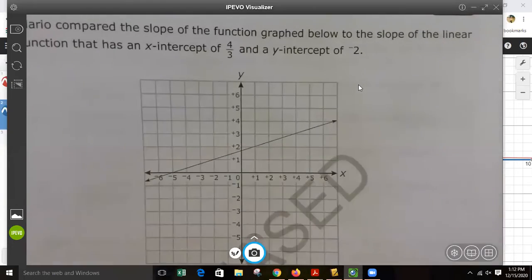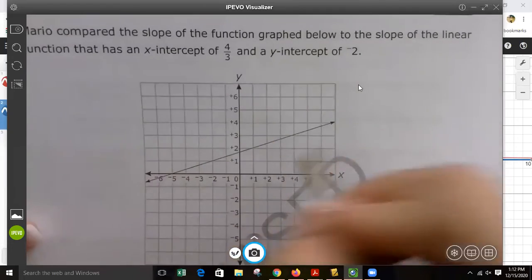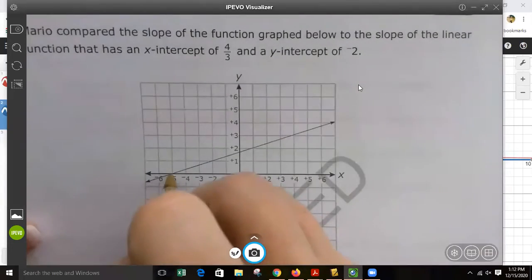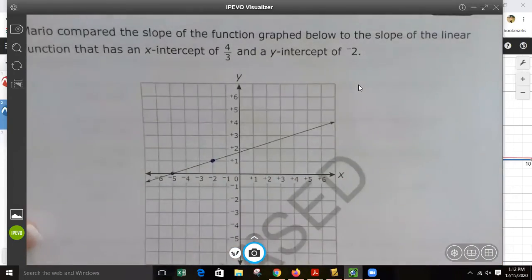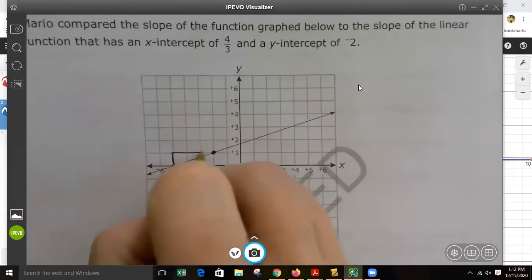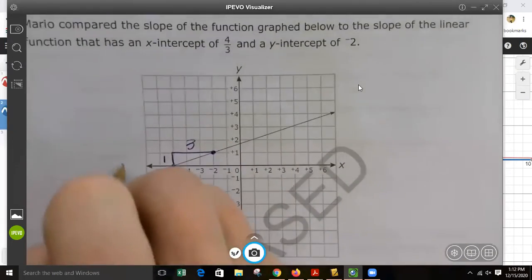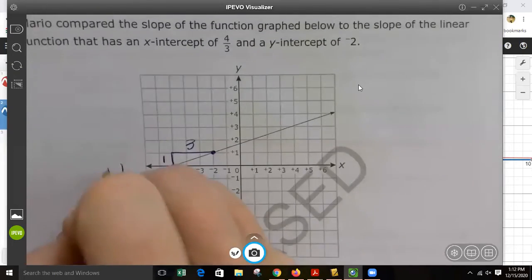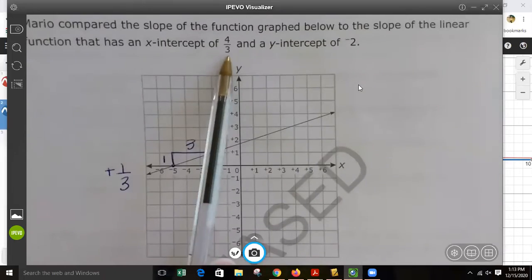Okay, so right now, find 2 good points. So let's see, we have one at -5 and one at -2, 1. Slope is rise over run. Your rise was 1. Your run was 3. And it was positive. How do I find the slope of these two?